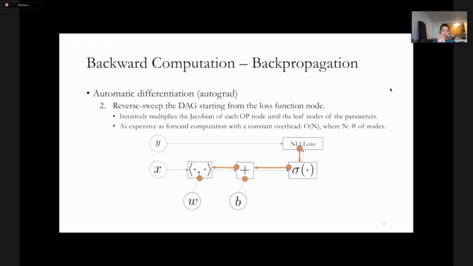And then this can be done all automatically without us, the practitioners, knowing the underlying details to the T. So that's great.